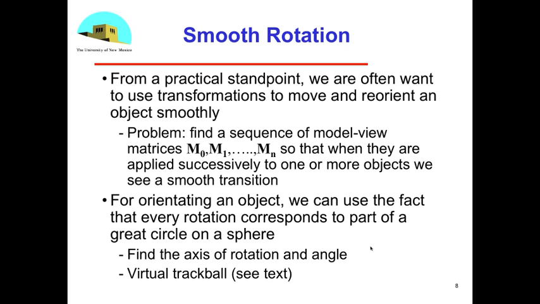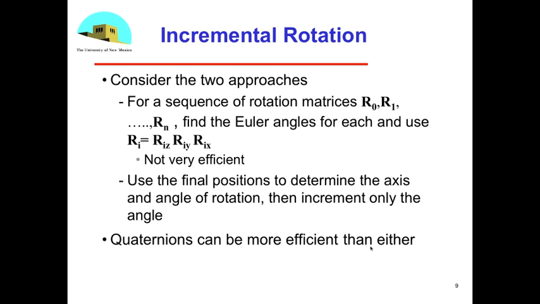What that does is say, when I rotate a trackball, it gives me positions that I can interpret as a couple of positions on a great circle that will define an axis of rotation and a smooth rotation. The other way is to do it incrementally, so that you get a sequence of rotations, each of which, as we said a minute or two ago, is very small.